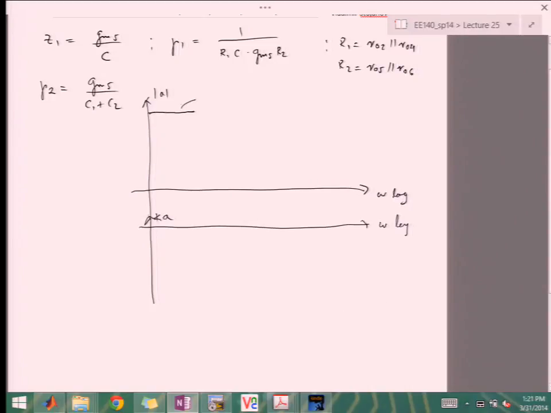In this case, DC gain will be proportional to first stage transconductance times R1, which is the RO2 in parallel with RO4. So that's our DC output resistance. And then times GM5 times R2. And then we start breaking at P1.